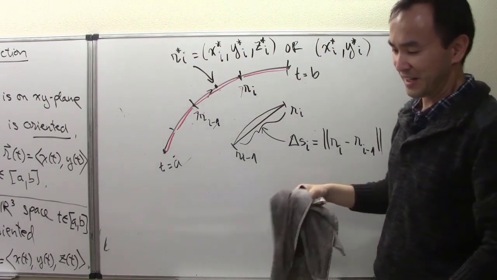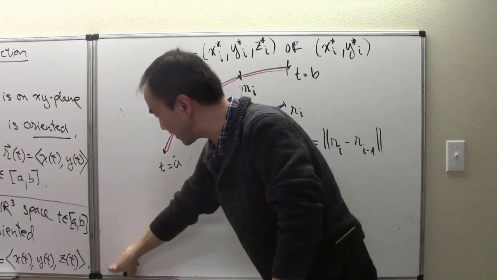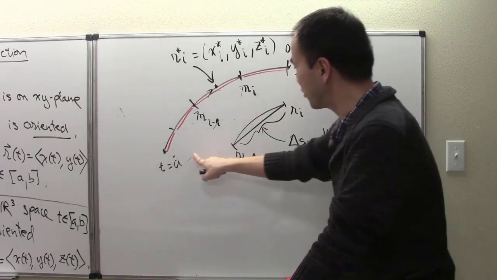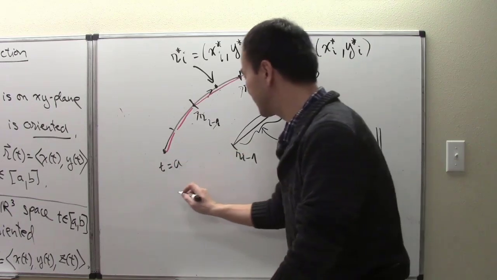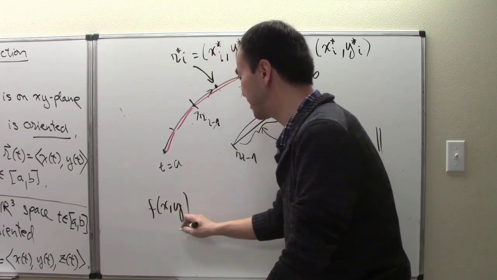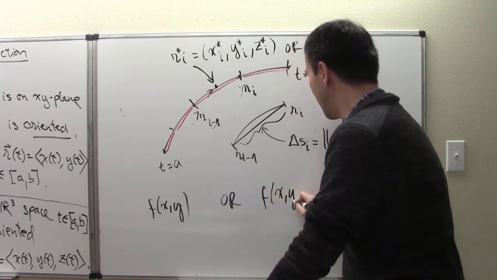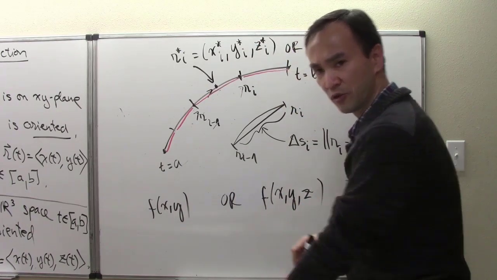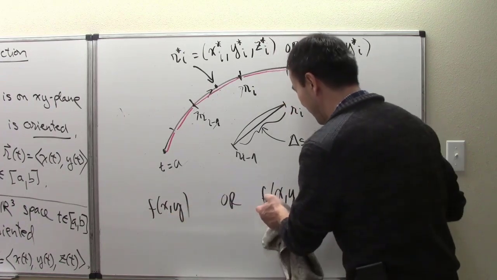So the idea of a line integral with a scalar function is that our scalar function, it doesn't matter if it's f of x comma y in 2 variables, or f of x comma y comma z being a function of 3 variables, being a scalar function at any point x comma y or x comma y comma z.